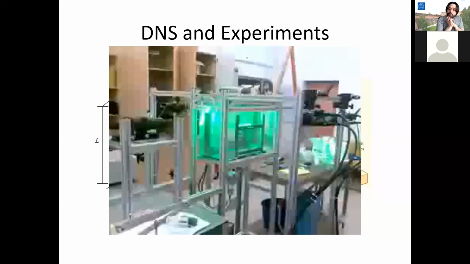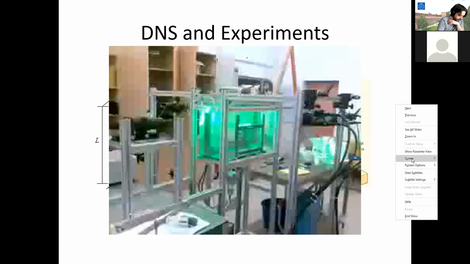Essentially, what we would like to look at together is the so-called lid-driven cavity. And what you see here on this video is an experiment of a lid-driven cavity.